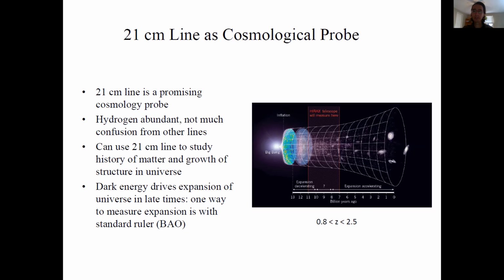It's very clear what the redshift of the emission is, so it's easy to determine. And because it's a tracer of structure of the Baryon acoustic oscillations, you can use it as a standard ruler to map out the expansion of the universe over time and to get a handle on parameters like dark energy and dark matter.